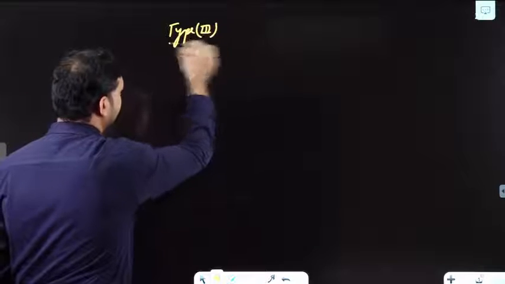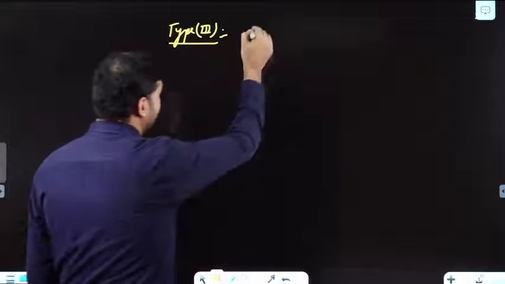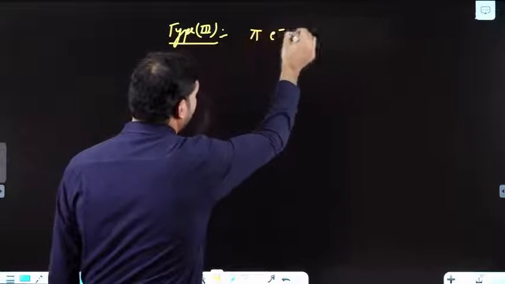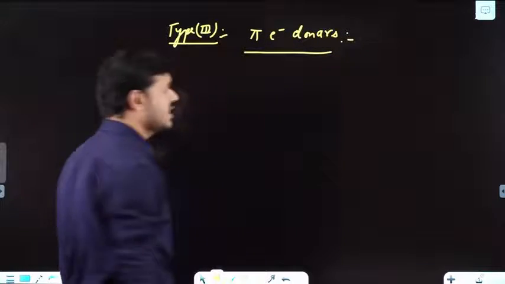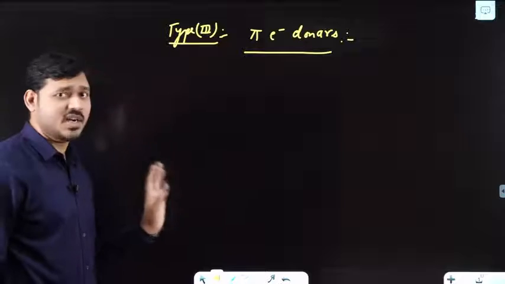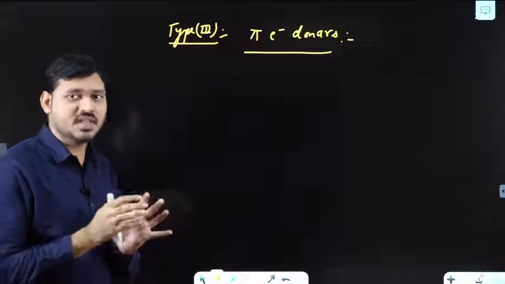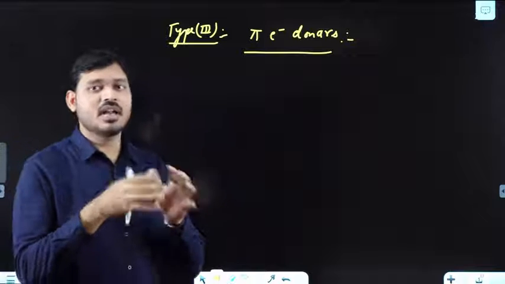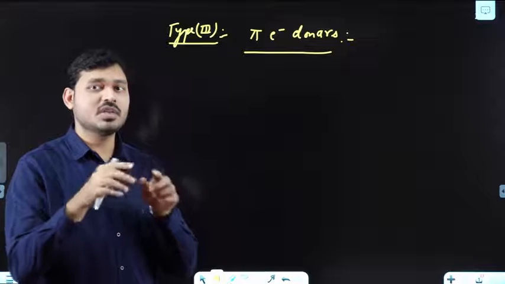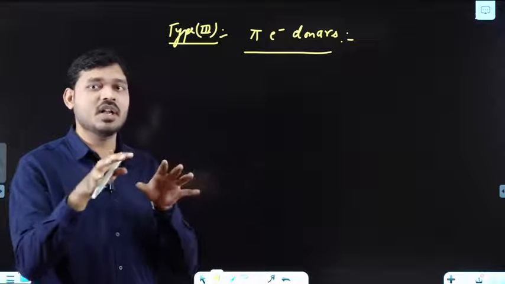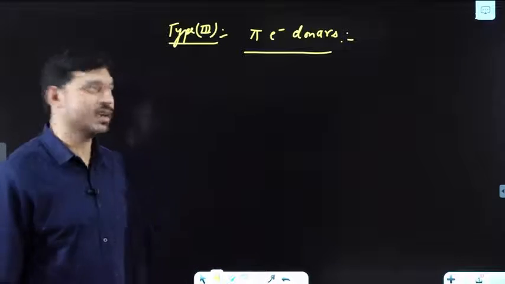Type 3. So this is the third type of nucleophiles. Pi electron donors. So dear students, this is one of the most important cases. You have to understand what are pi electron donors. Pi electron donors means they have electron pairs which will be donated due to pi bond. Means that pi bonded electron will be donated to any of the electrophile or electrophilic center. Okay.